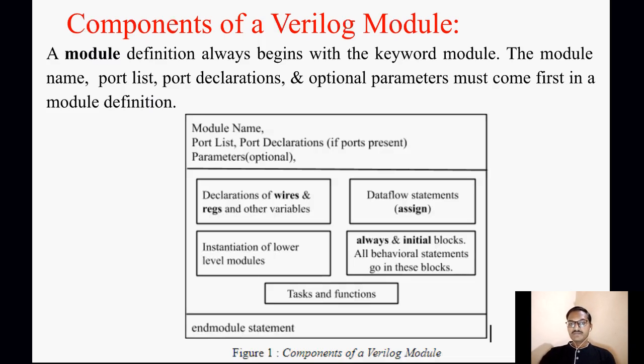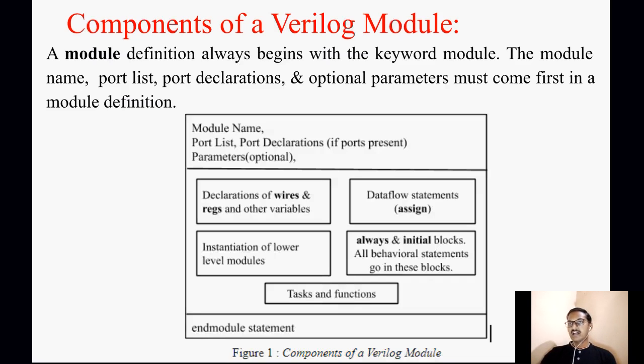Then next, the instantiation of lower level modules. We can instantiate the lower level modules any number of times, depending upon the requirement. Then always and initial blocks. Always and initial blocks come in behavioral modeling, so all the behavioral statements go within these blocks.